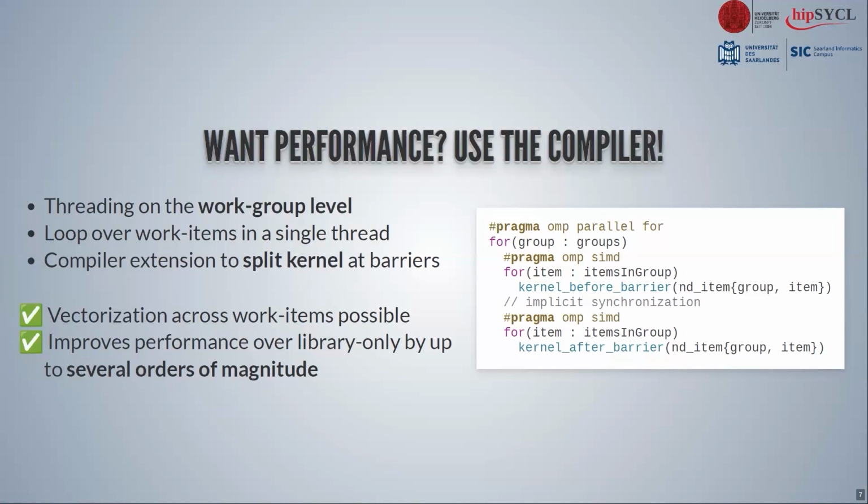So when executing the loops after each other, we get implicit synchronization between those loops, which is actually exactly what we need for the barrier semantics. The nice part is these loops are pretty simple, and we have loop vectorizers in all the common compilers these days, so you can just have vectorization across the work items by performing loop vectorization. And as we already saw, the performance results will be quite beneficial, I guess.